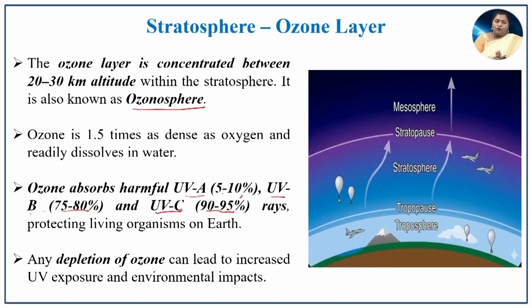So, by absorbing all these UV rays, it is protecting the living organisms on the earth's surface. Any depletion of ozone can lead to what? Increasing UV exposure, and it affects the environment.